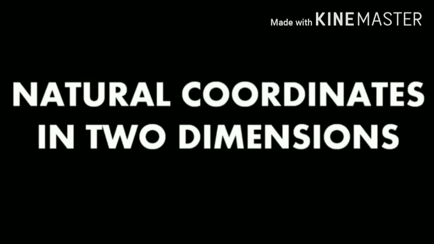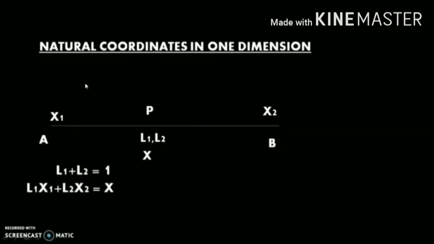What does it mean? For example, consider a one-dimensional element with endpoints A and B. Let x1 and x2 be the global coordinates of points A and B. These are nodal values, that is, x1 and x2 are the nodal values here.